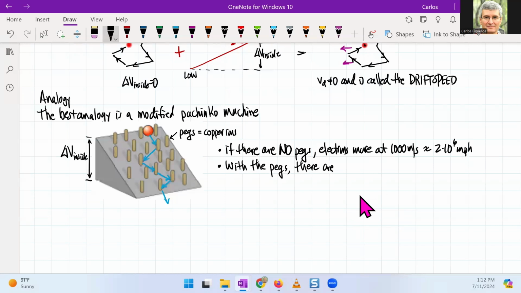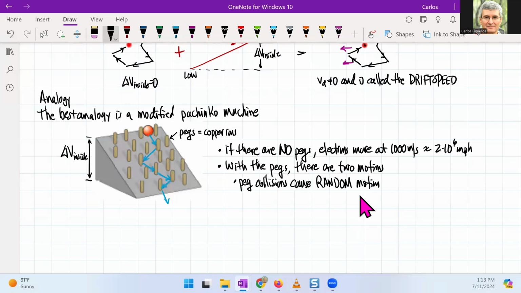there are two motions. One of them is that the peg collisions cause random motion.